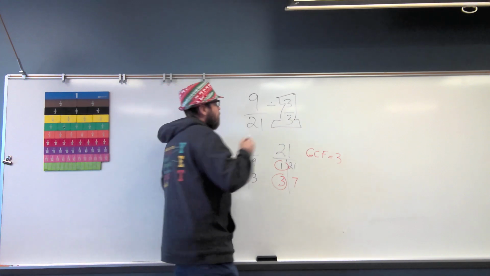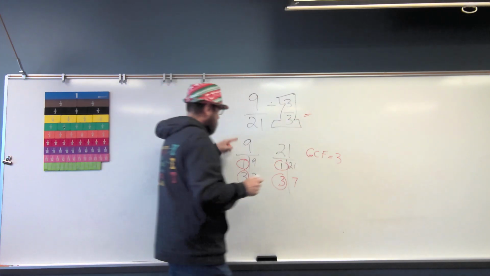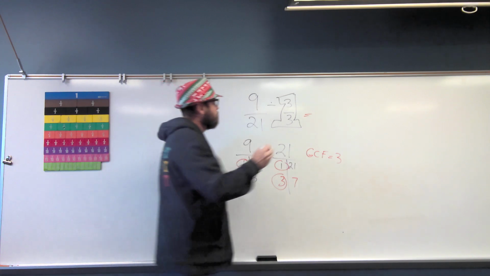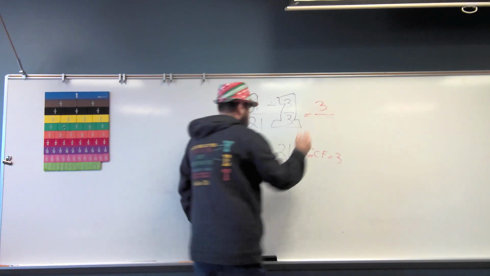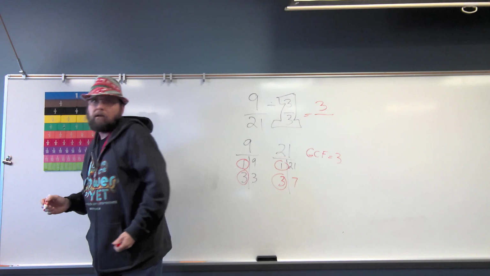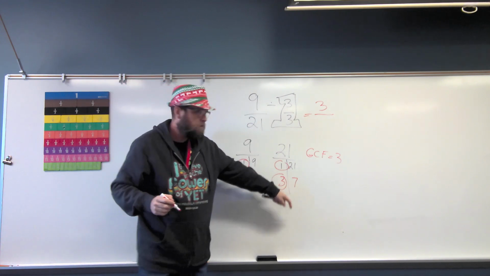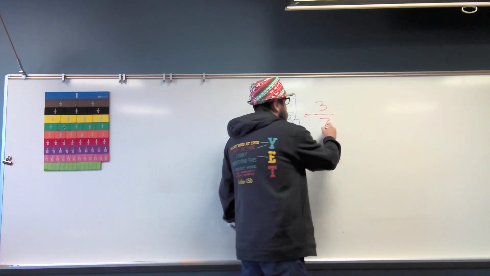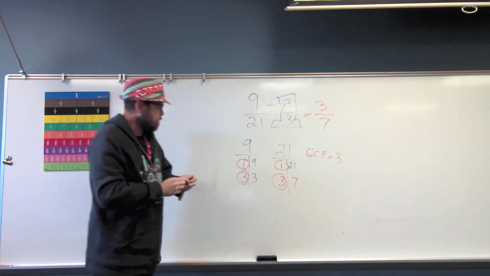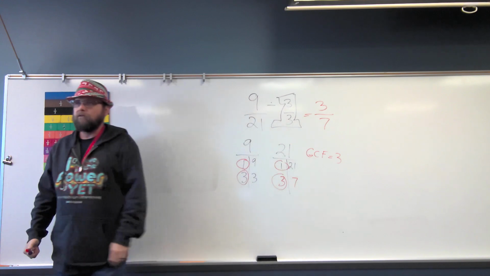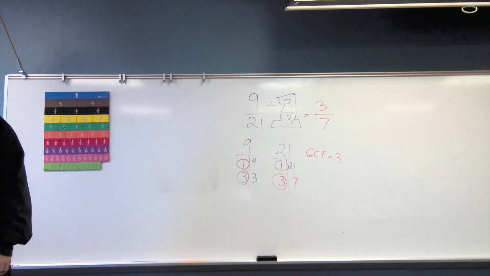So we have 9 divided by 3 equals 3, and 21 divided by 3 equals 7. The cool thing about using this is it's easy to figure out when you get to the dividing part. I'm just saying.